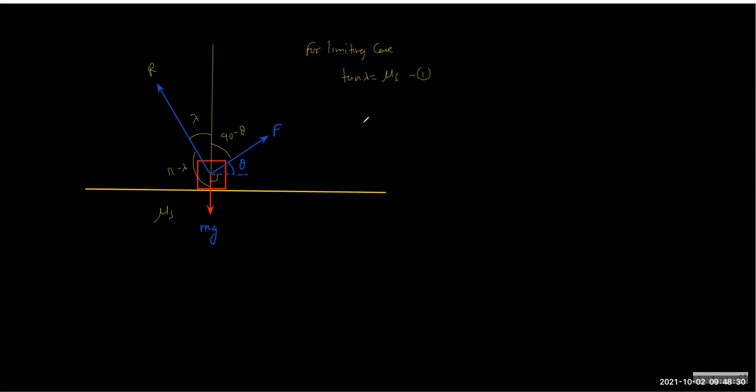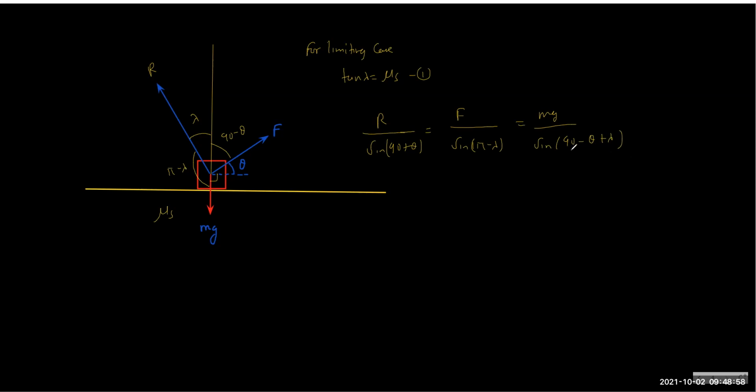And by the equilibrium formula of Lami's theorem, if you remember, you can write R upon sin of 90 plus theta is equal to F upon sin of phi minus lambda, equal to mg upon sin of 90 minus theta plus lambda.